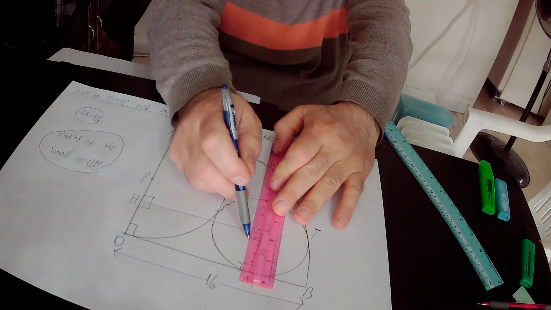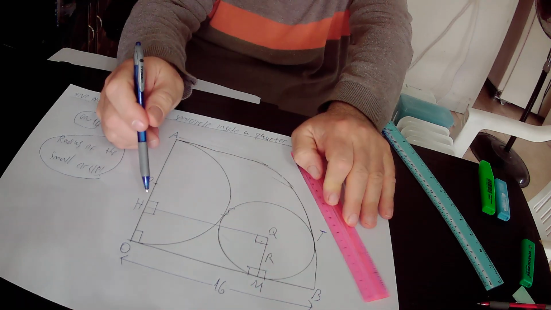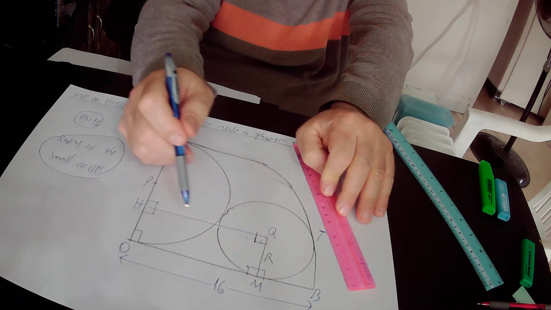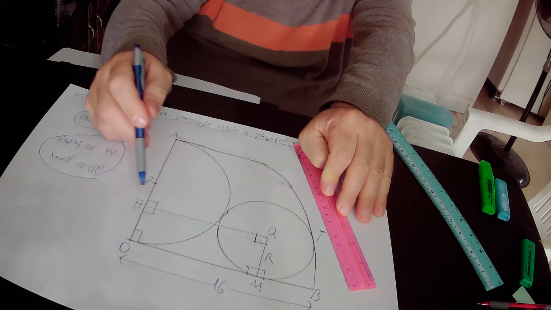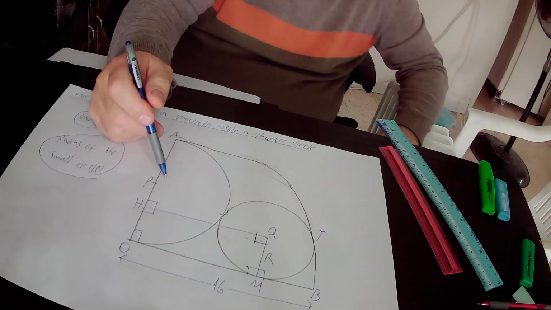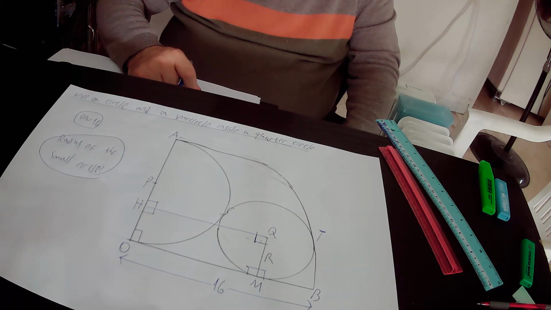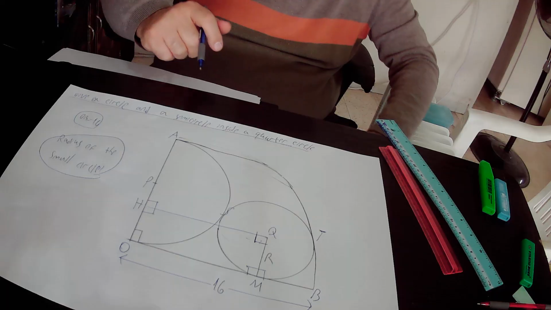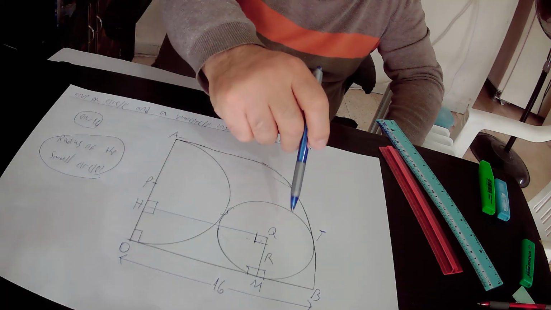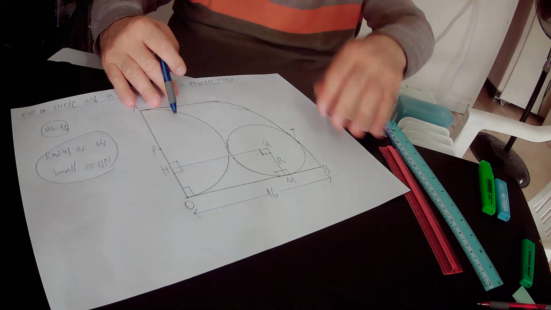So inside quadrilateral HQMO, we have four right angles, and according to rule 6, any quadrilateral that has four right angles must be at least a rectangle if not a square. So you relate to this quadrilateral HQMO as a rectangle because it has four right angles.